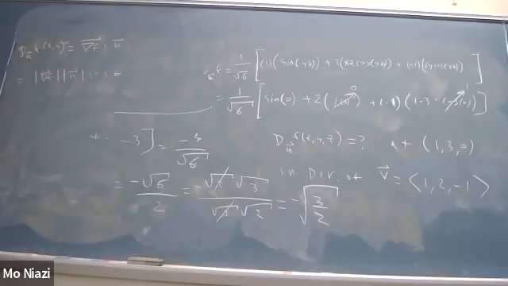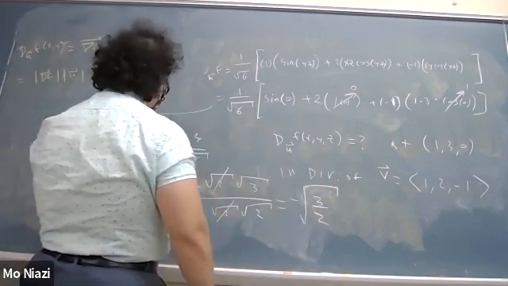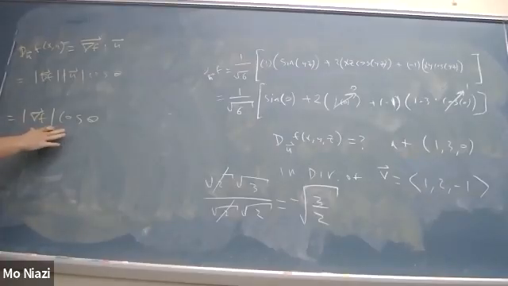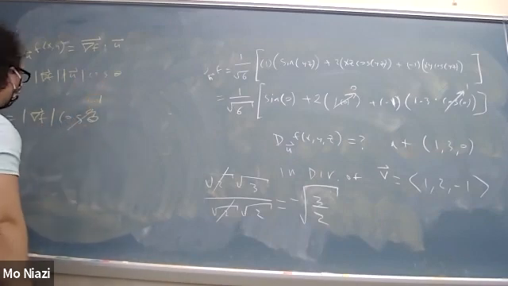But recall that the magnitude of a unit vector is just 1. So we get this. And recall, this expression has highest value when cosine has highest value. And cosine has highest value when the angle equals 0, which gives me cosine of 0, which is 1. Just put a 1 there.